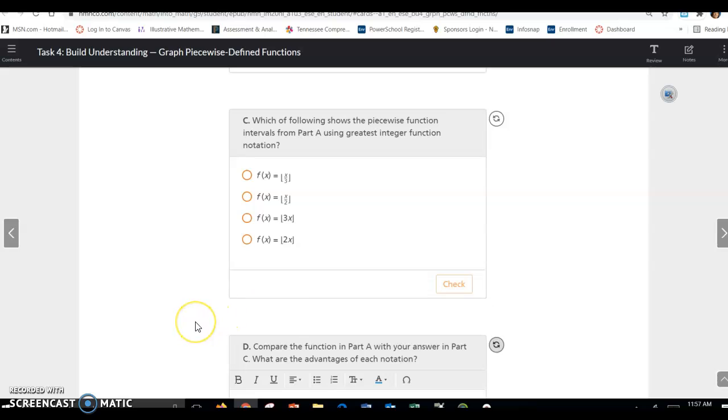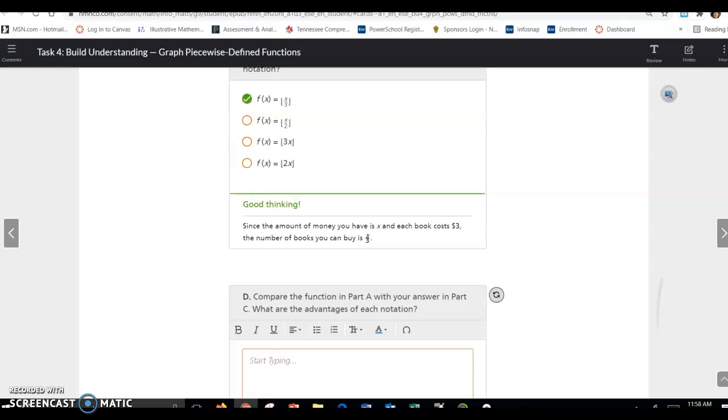All right, so we know that each book costs $3. So we're not multiplying by $3. We're actually dividing by $3. So if I have $18, I divide that by 3, I could get 6 books. If I have $21, I could divide that by 3 and purchase 7 books. So the piecewise function used would be the first one there.